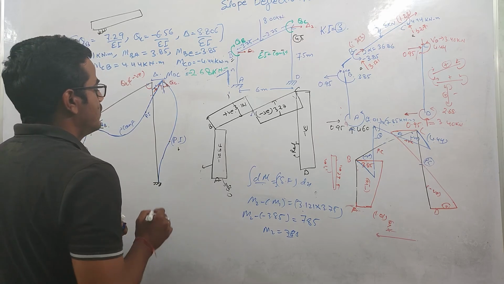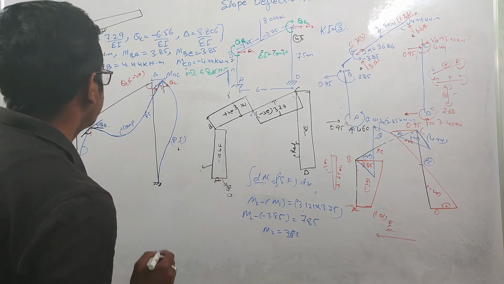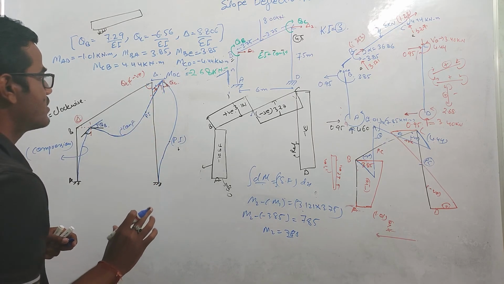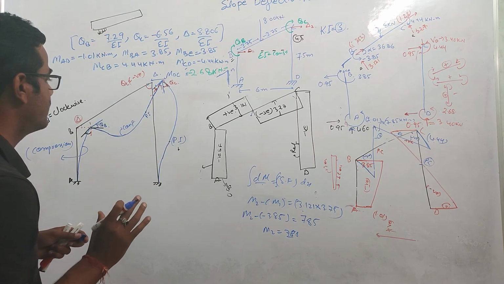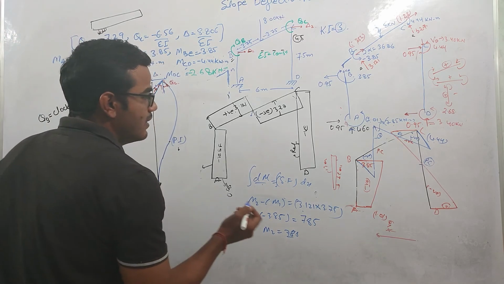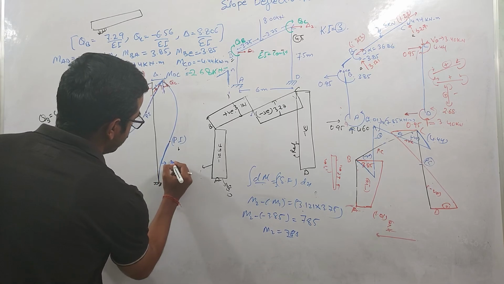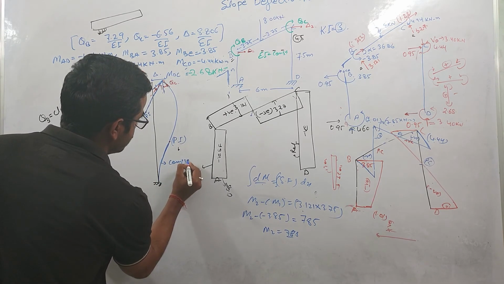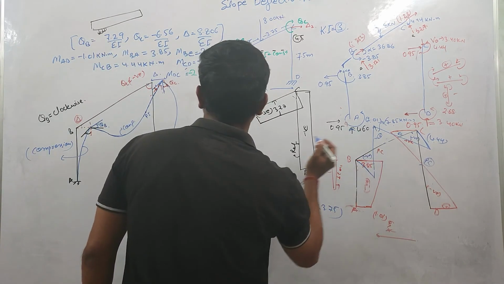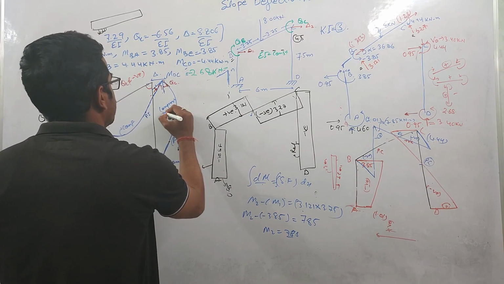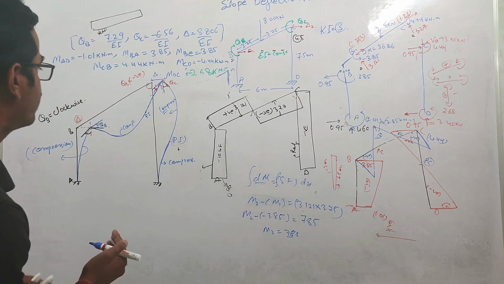So this is the point of inflection in this beam. This is the delta deflection, and this member won't deflect in the vertical direction. One more thing, you can see that up to this portion there is compression, and after that this portion will be in compression. So this is the deflection diagram for this frame structure.